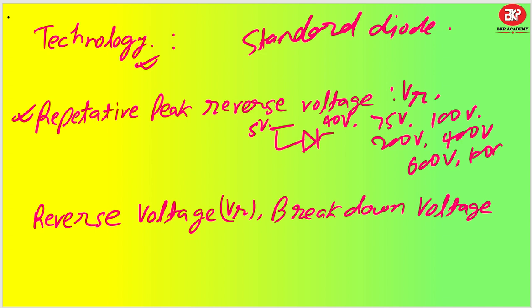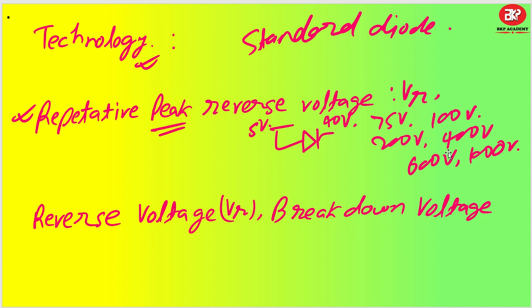All the voltage ratings are available, so based on the requirement, you will select a peak reverse voltage rating. Reverse breakdown voltage is almost the same; peak repetitive reverse voltage is a little bit on the higher side.